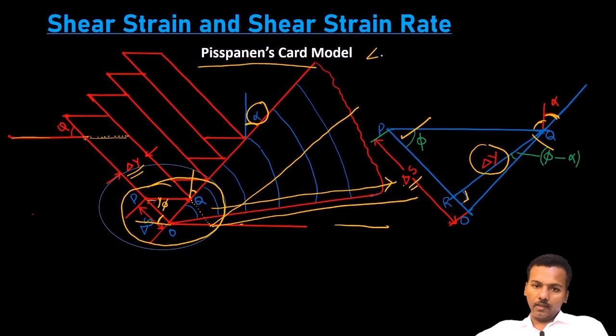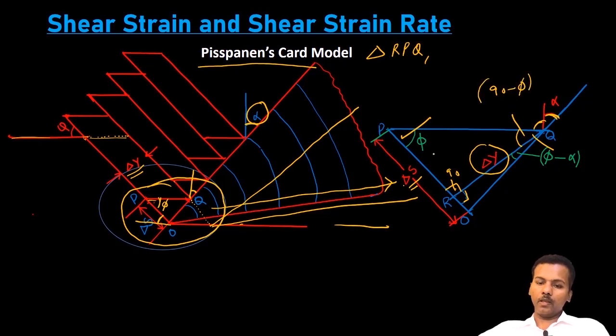In triangle RPQ, as this angle is 90 degrees and this is phi, this angle will be 90 minus phi. And again here, this angle is 90 degrees, this is alpha, so the total angle will be here.